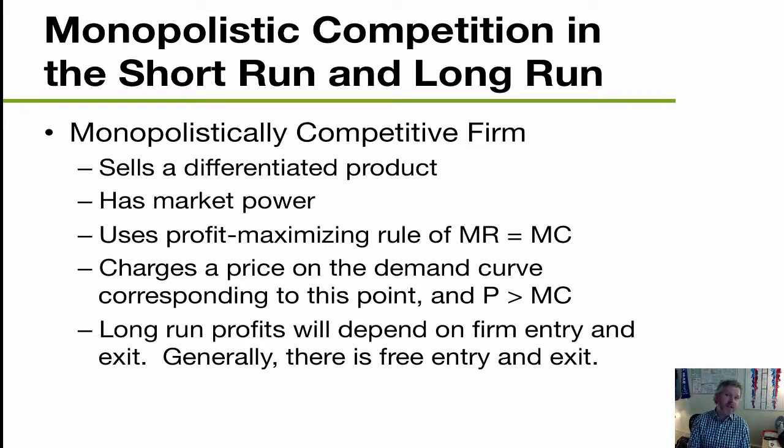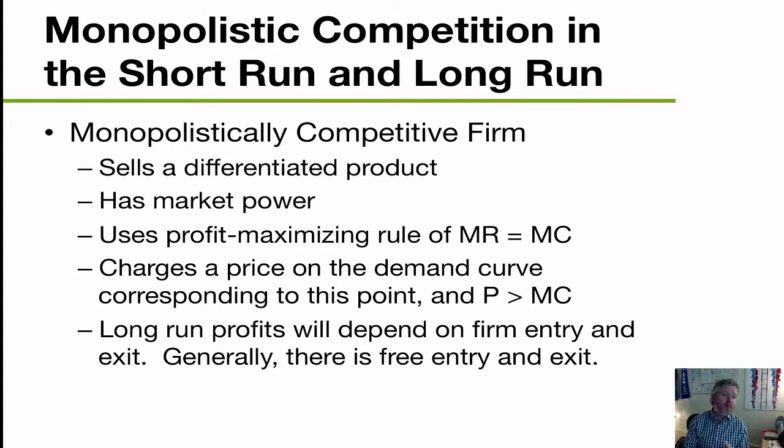For people who consider their good not to have many substitutes, they have market power over those sorts of consumers. They use the profit maximizing rule of marginal revenue equals marginal cost. Firms always set marginal revenue equal to marginal cost. They charge a price based on the demand curve, just like a monopoly firm did. And it's a point where price is above marginal cost.